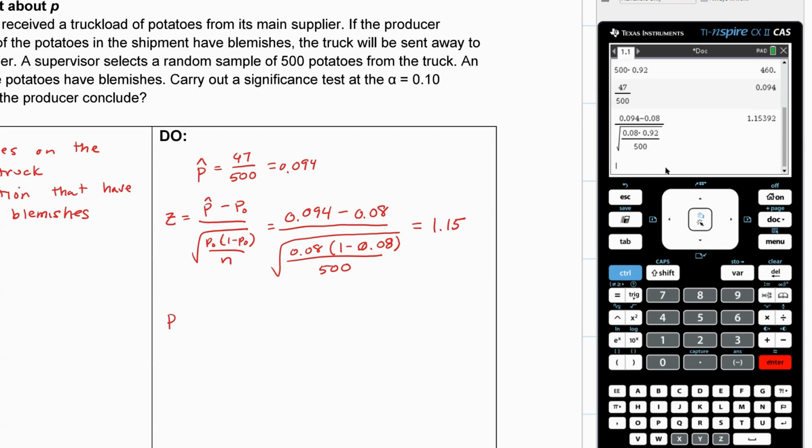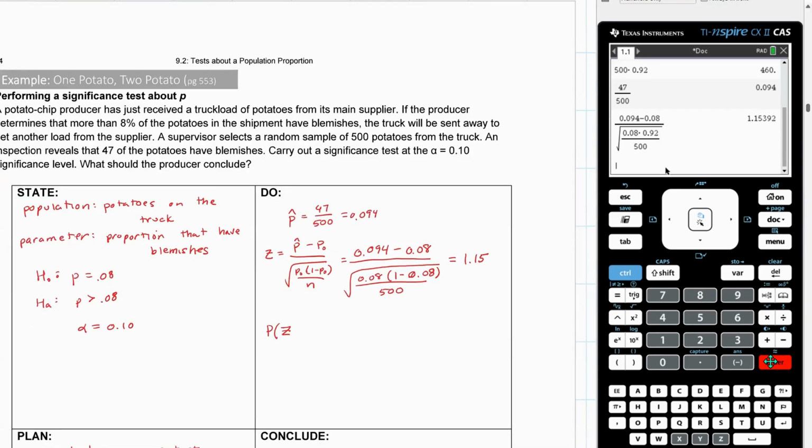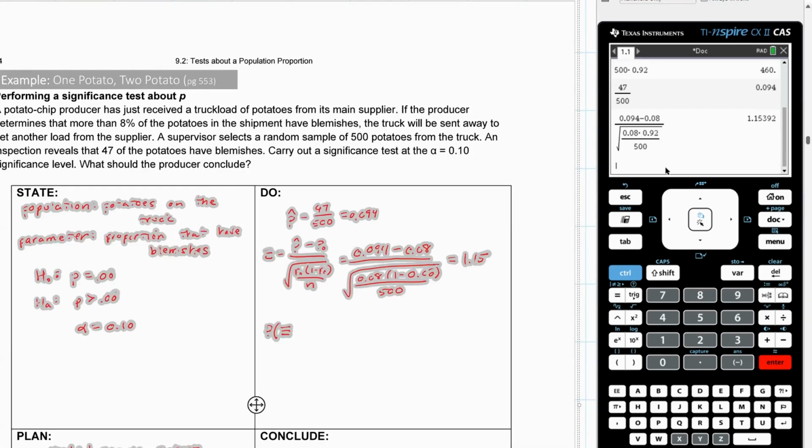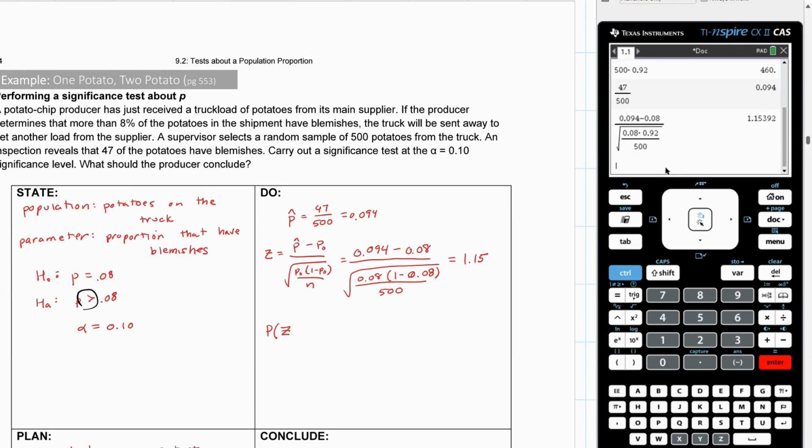Now let's calculate the p-value. The probability that z, the z-value that we just calculated, and now we look back to the H naught claim, and we say, hey, we have a greater than there, so greater than 1.15, and we'll use a norm CDF, and this is a greater than.